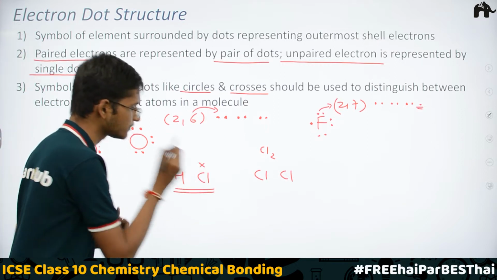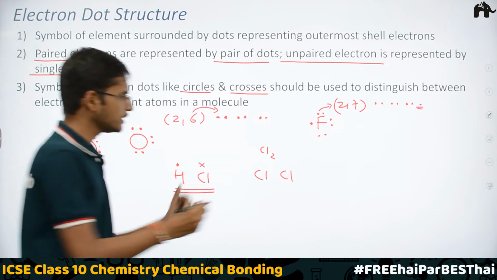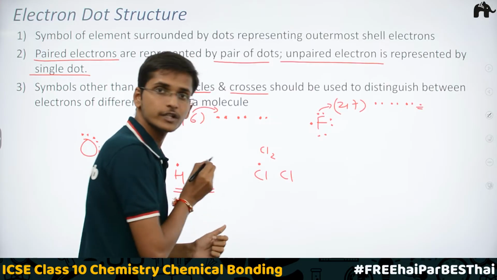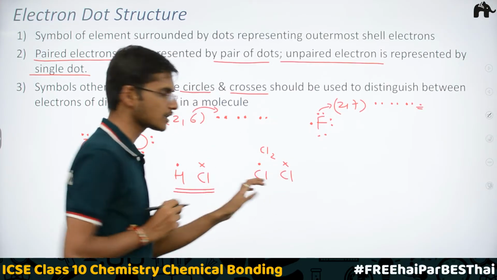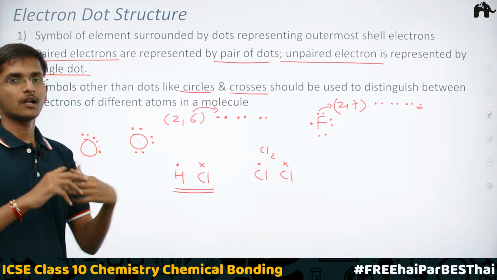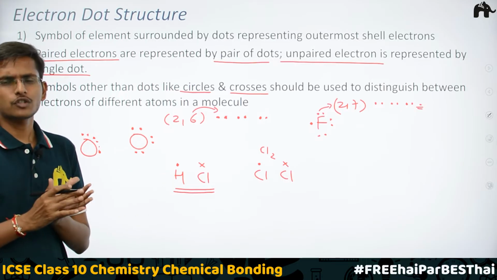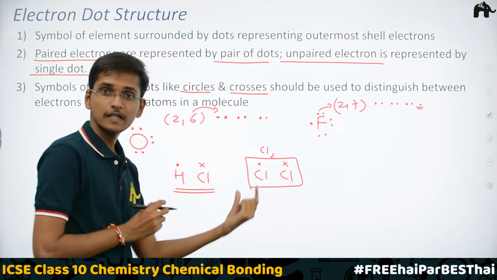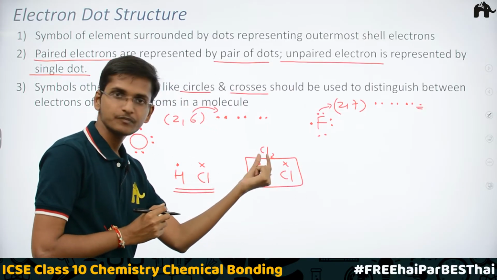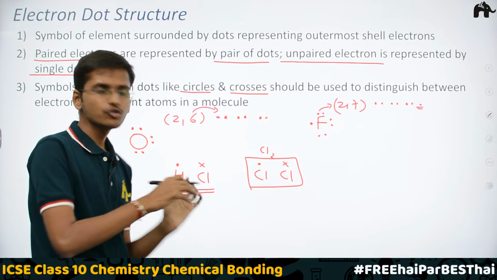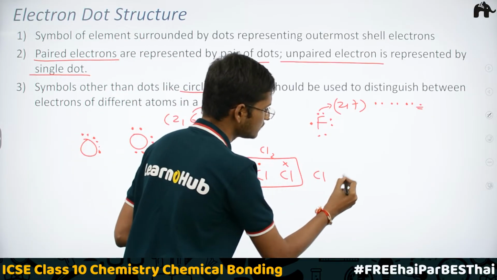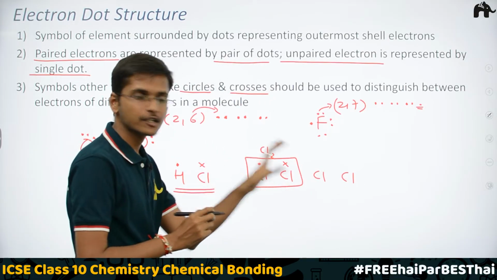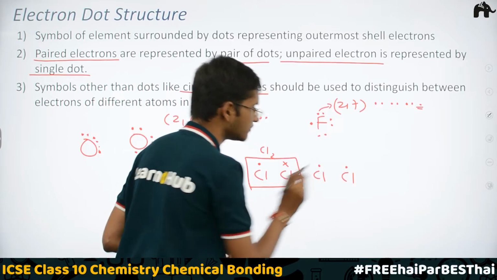So then I have to use cross. In the same way, if I am using dot for this chlorine atom, I have to use cross or circle for the other chlorine atom. But when we are drawing electron dot structures of a molecule which is made up of atoms of the same element, here in this case chlorine, you can represent the outermost shell electrons with the same symbol as well.